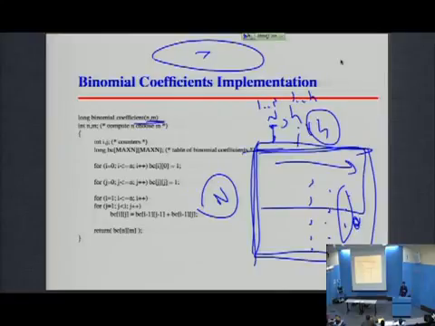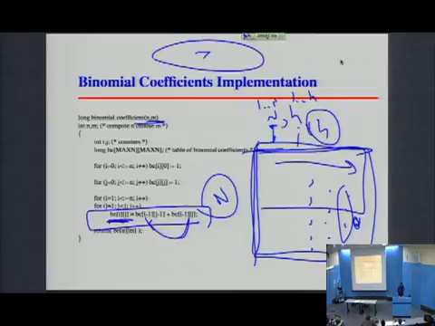Okay? How much time does it take to compute each element? The place where we compute each element is here. Does everybody see that? What do we do to compute this element? We add up two numbers that are already in my array, right? So how much time does it take to fill in each spot? Constant.